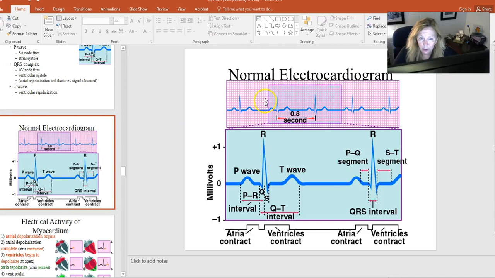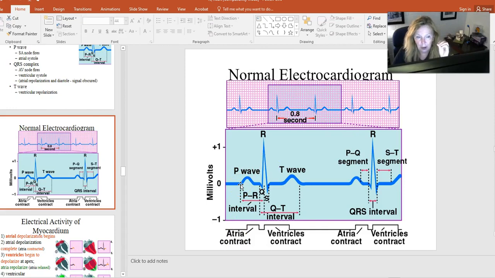But what I want you to know is what these little bleeps in the basic normal ECG mean. The first one is called a P wave. Here's the P wave, P wave, P wave. This P wave is when the SA node fires.